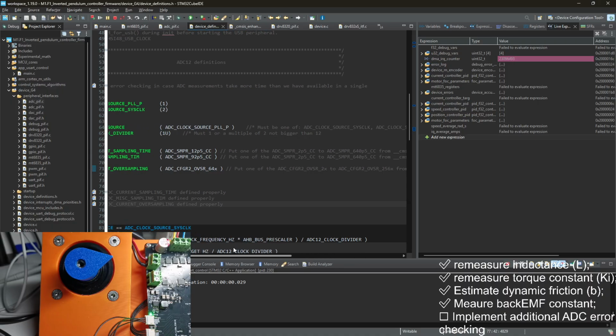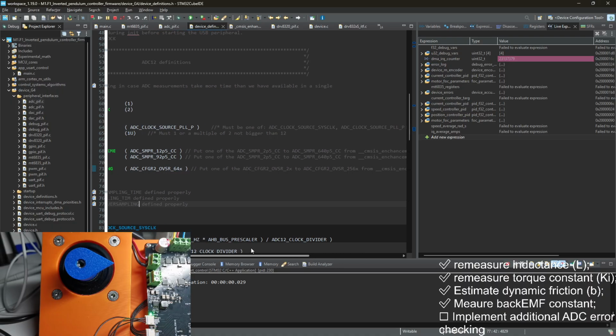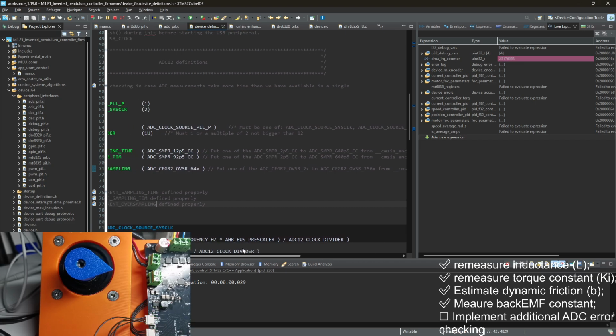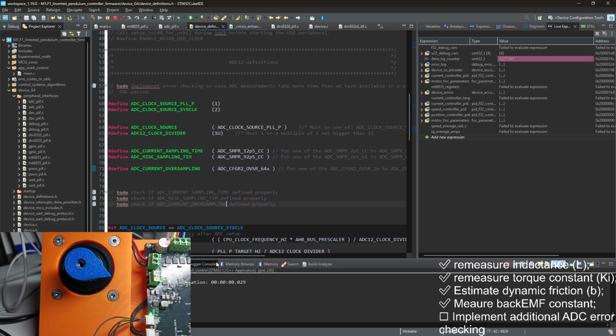What else? Do we need anything else? Oh, we do indeed need at least one more, but actually more than one more.